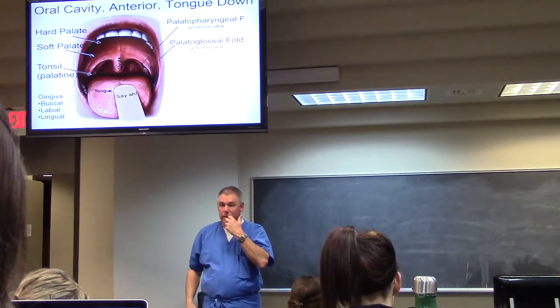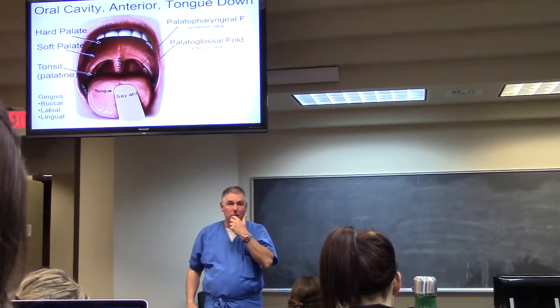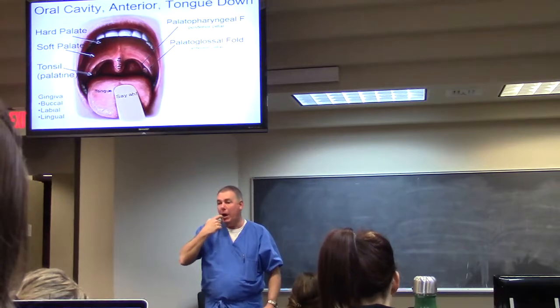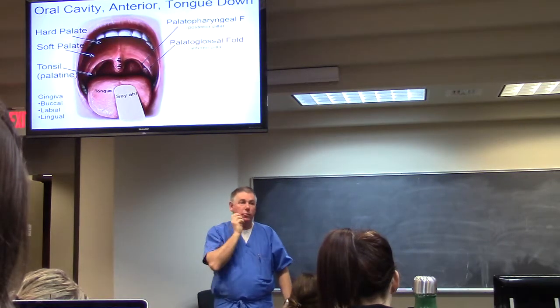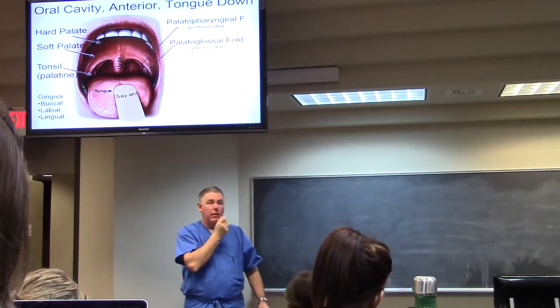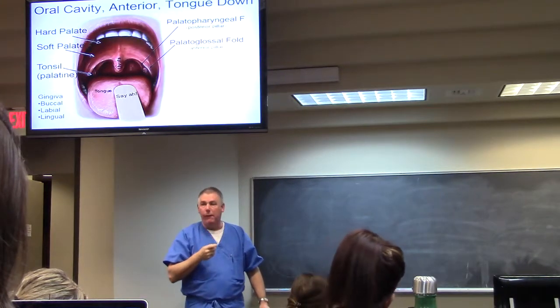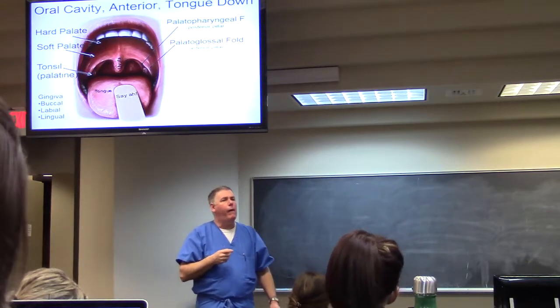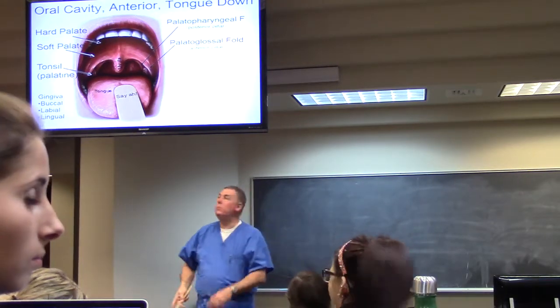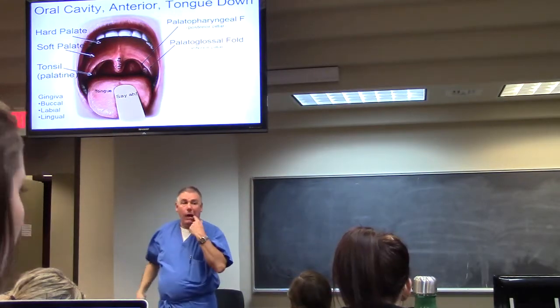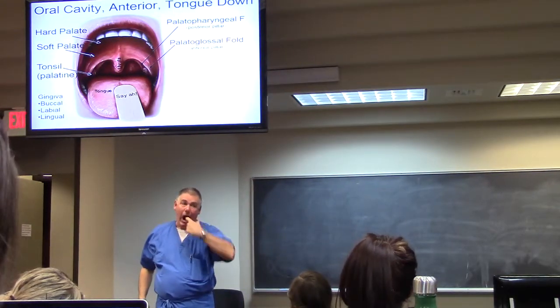So the gingiva is that in front. And then the lingual is the gingiva on the inside. That's how you describe the gingiva around the teeth, around the alveolar ridges. What do you mean by inside? On the inside. It's not out here. Okay.